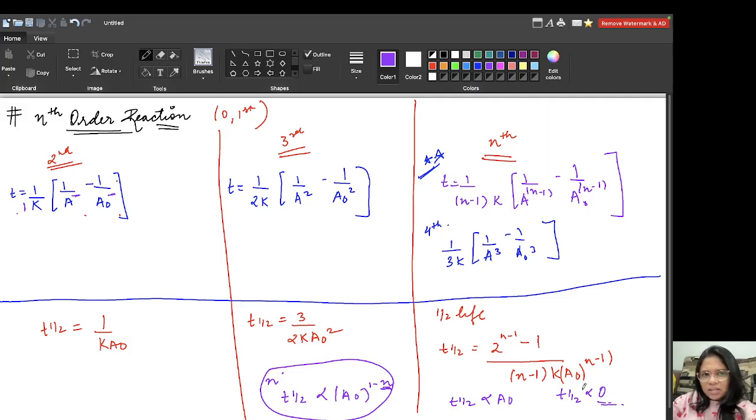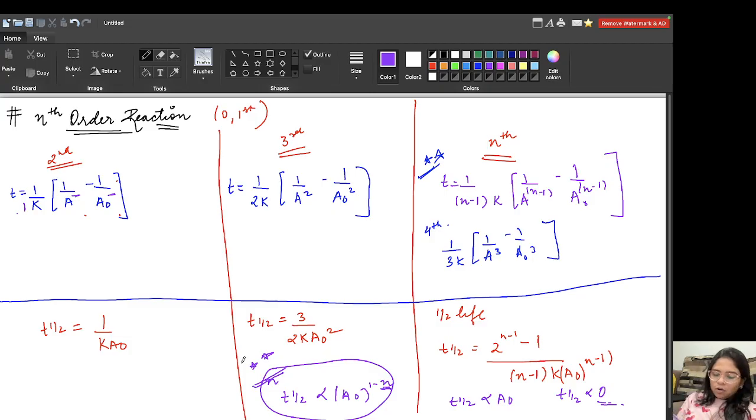So that's what we need, right? This is how you can learn the formulas of second, third, fourth order, fifth order, and so on. T half is not that important, but just remember this particular thing. So with this we complete our second order, third order, 0 order reactions and first order as well.